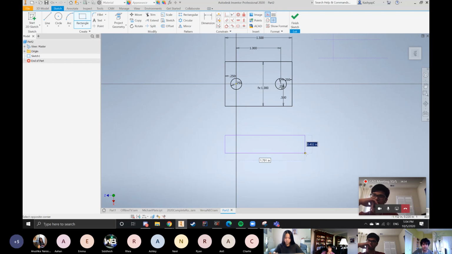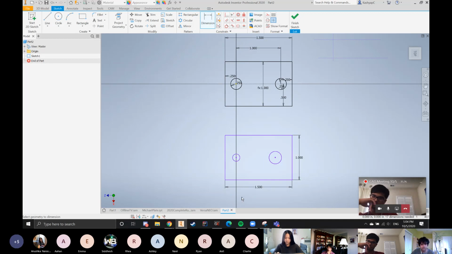how can I remake it to make it better? This is what I was talking about, where usually I feel like it's better to dimension from one specific corner.